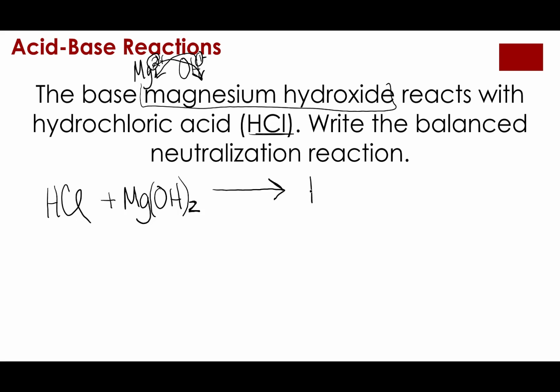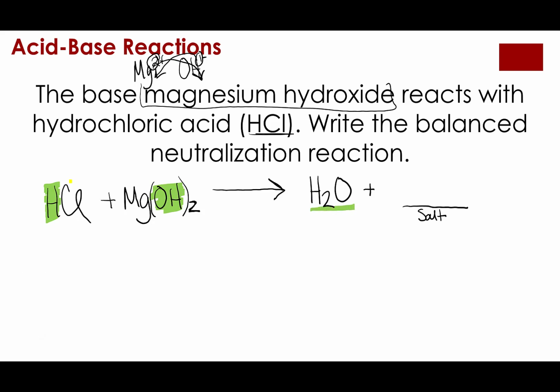So one of our products will always be water, H2O. And then the other product is going to be some sort of salt, right? So we have to figure out, well, what is the salt that forms? So remember this hydrogen and this OH are going to be what forms our water.